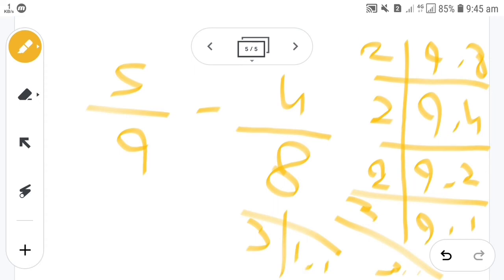Now multiply 2, 2, 2, 3, 3. 2 into 2, 4, 4 into 2, 8, 8 into 3, 24, 24 into 3, 72.